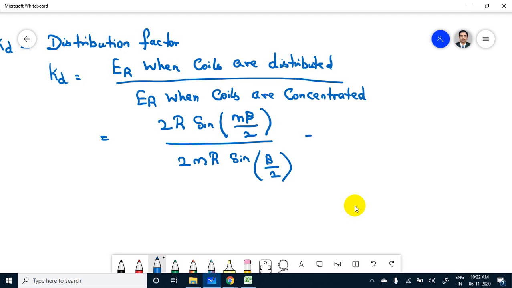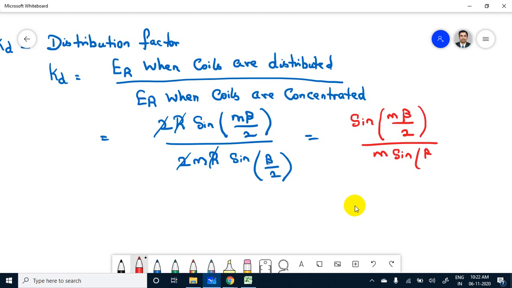Okay, so here R and R will be cancelled and 2 and 2 will be cancelled, so finally we'll get sine m beta by 2 whole divided by m into sine beta by 2. Okay, now what is m?